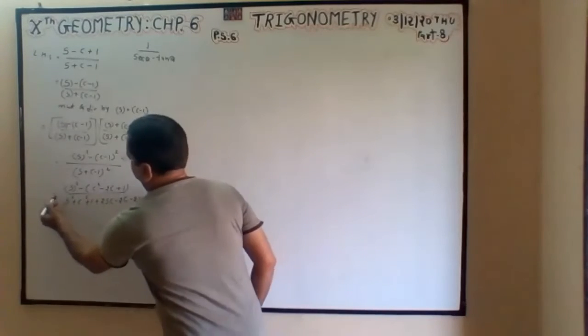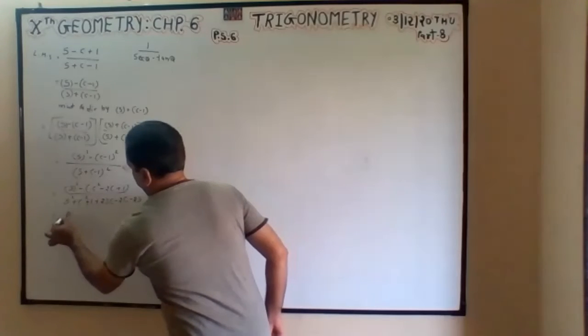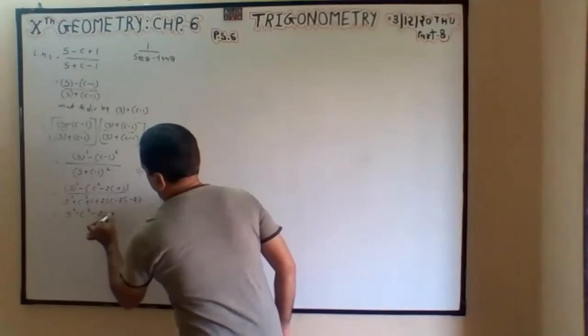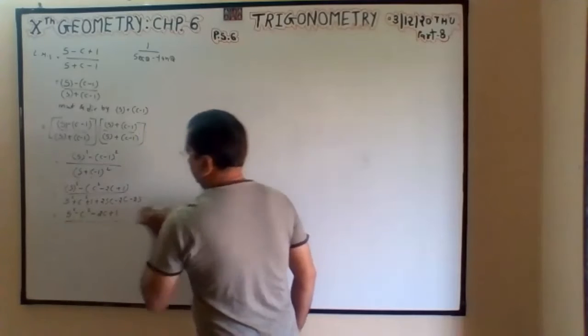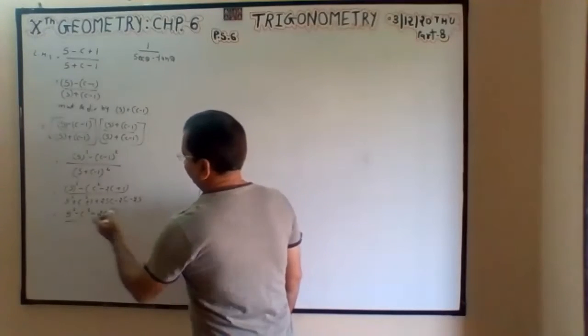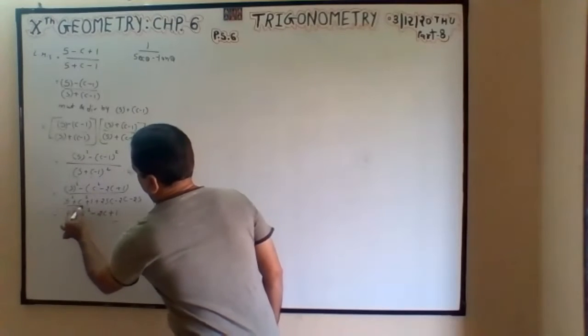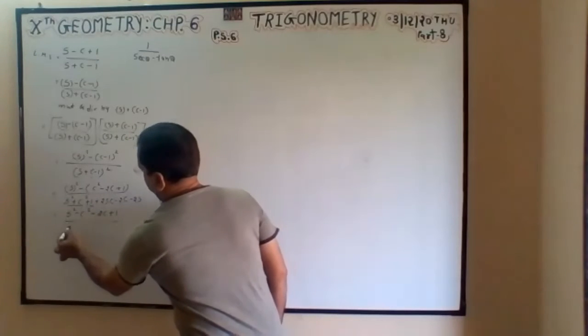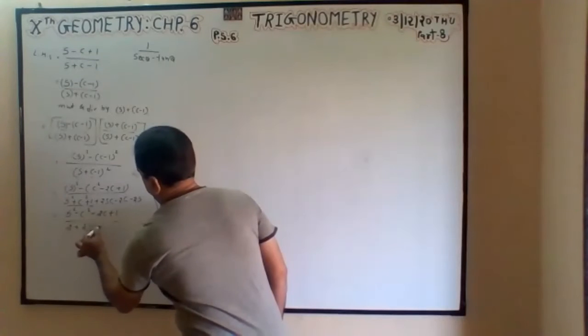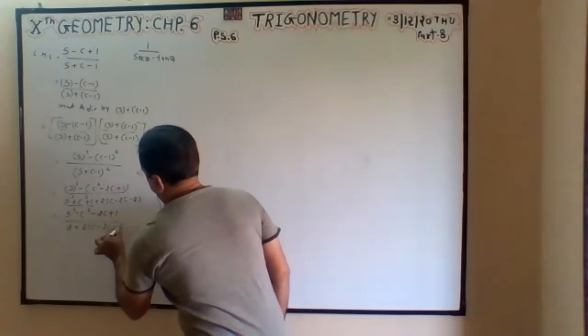Now only I will open the bracket of numerator. So sin square minus cos square minus 2 cos plus 1, divided by sin square plus cos square is 1. 1 plus 1 is 2. So directly I am writing 2 plus 2 sin cos minus 2 cos minus 2.